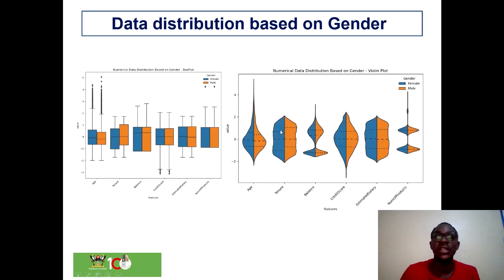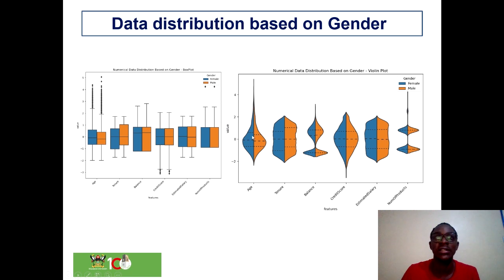Then next we did an assessment of the data distribution based on the gender category. So we did this for some of these categorical variables we had in our database, and gender was one of them. So from this we can deduce that our data set is not biased towards any particular gender.